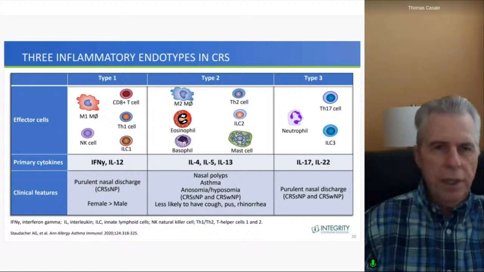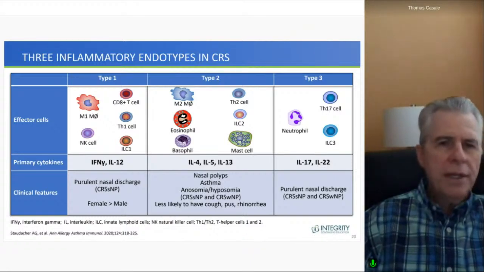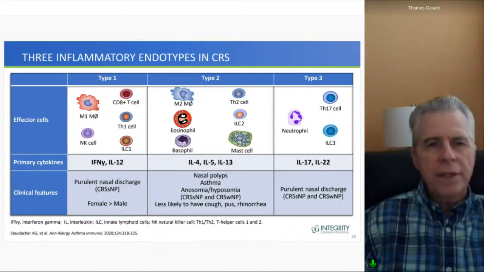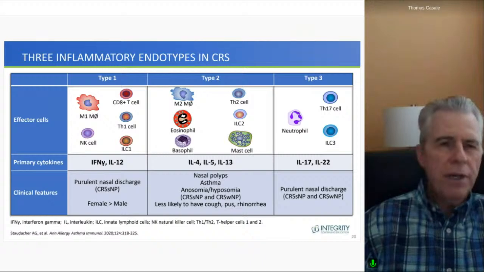These are phenotypes. So in type 1, we know that cells that tend to generate interferon gamma and interleukin-12 are the primary players.